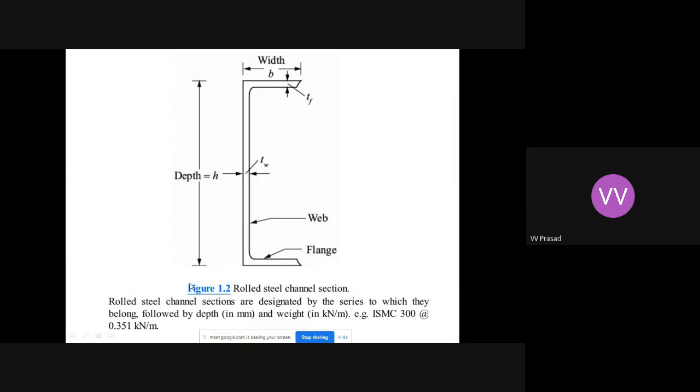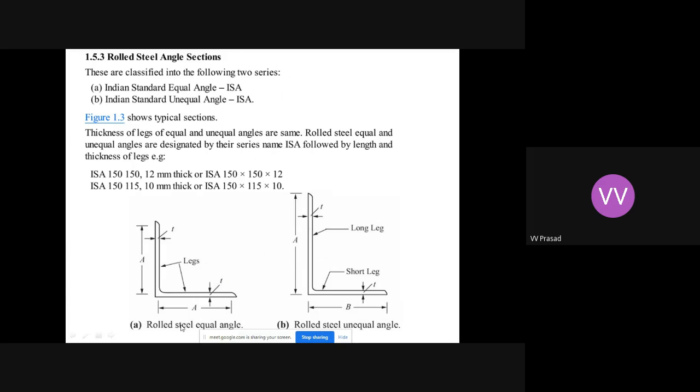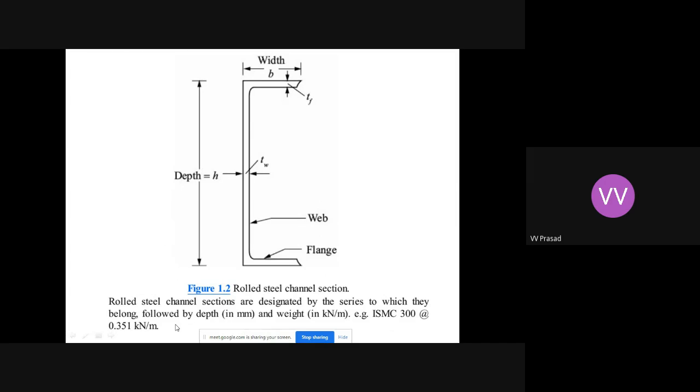So you just observe the channel section. The top component is the top flange, the bottom component is the bottom flange, and the junction between these two is the web. Here also same.